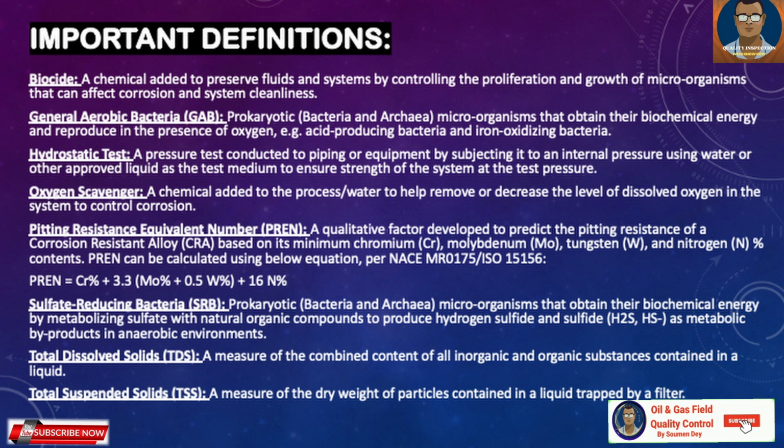General aerobic bacteria, or GAB: prokaryotic bacteria and archaea microorganisms that obtain their biochemical energy and reproduce in the presence of oxygen, for example acid-producing bacteria or iron-oxidizing bacteria. It means if we allow them to grow in the Hydrotest water and do not add the chemical, the acid produced by these bacteria will corrode or even eat the line material.